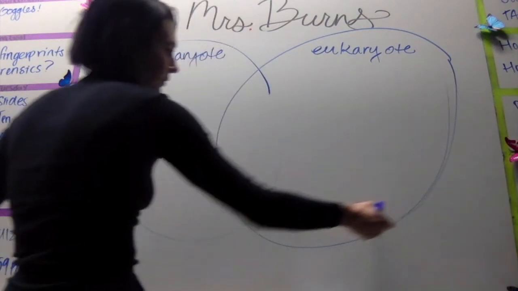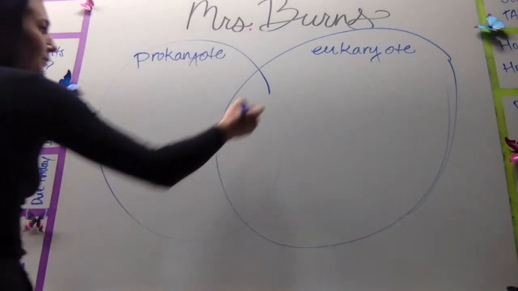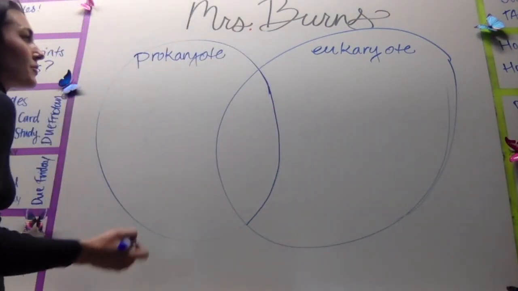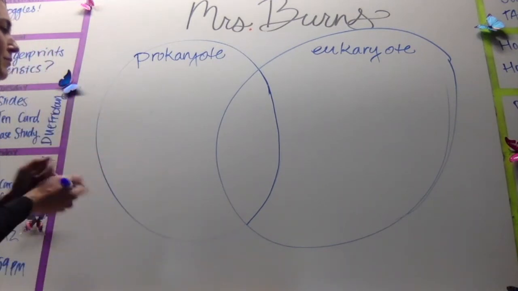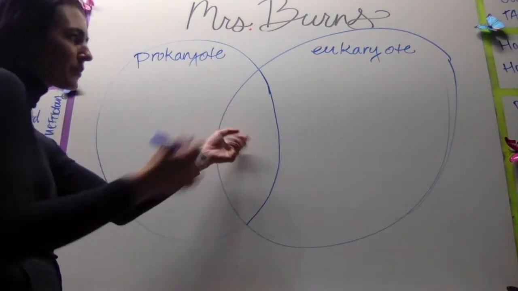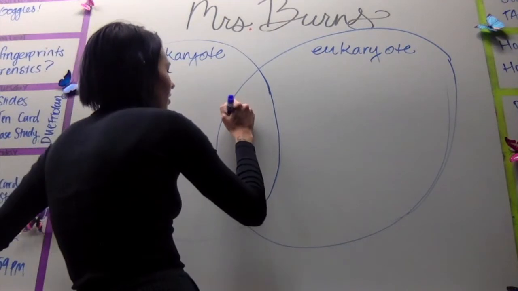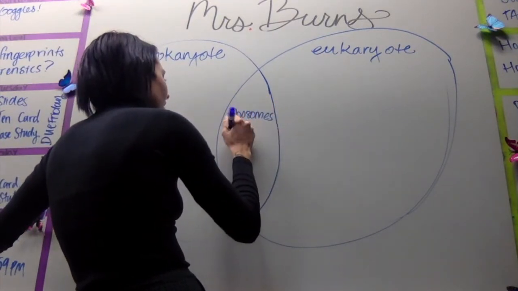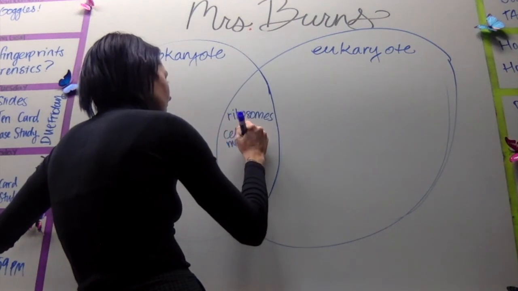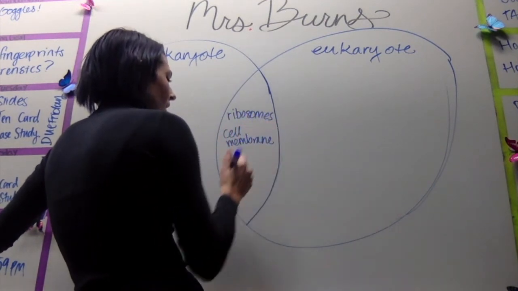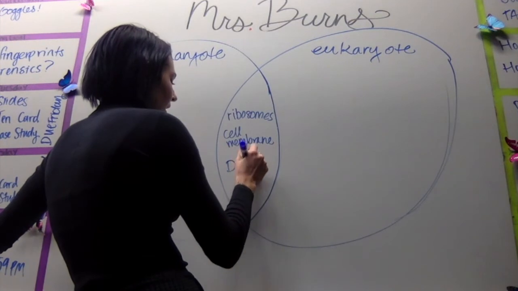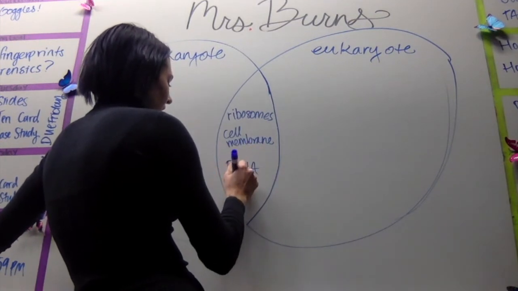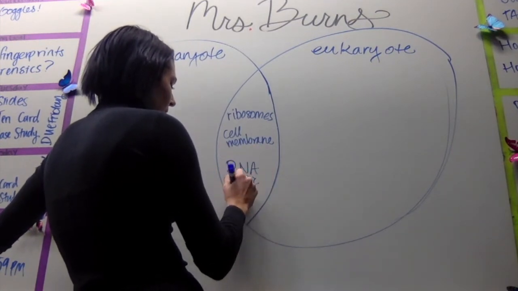These are not perfect circles, and that's okay. So let's just start naming some traits that they have. Let's start with what they have in common. So they all use ribosomes. They all have a cell membrane. And they all have DNA as their genetic material.